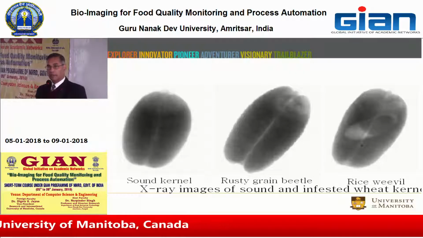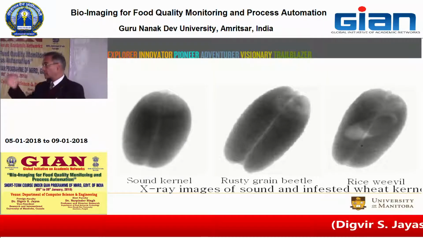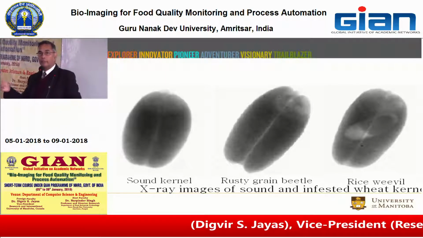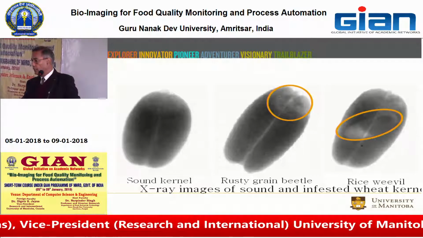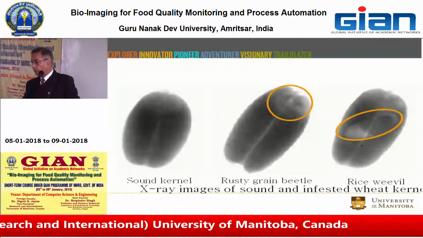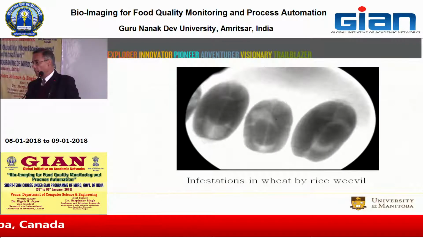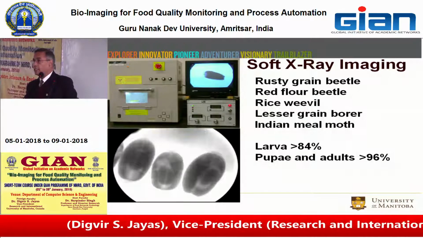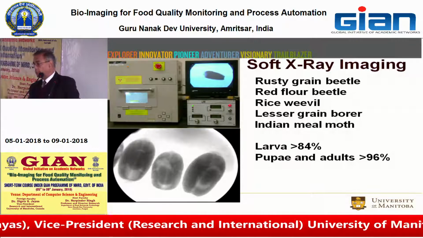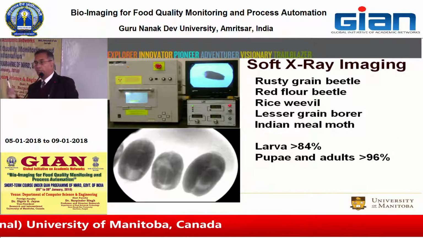Probably you can tell the difference, and particularly if you used a textural feature, for example, you can detect the larva. Or you could use histogram features, because the histogram distribution would be different for a sound kernel than for an infected kernel. When you plot the histogram, you would have different intensity patterns, and just using the histogram, you would be able to do the differentiation.